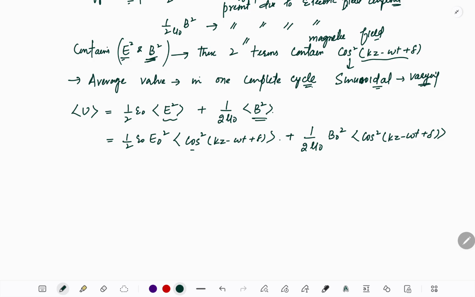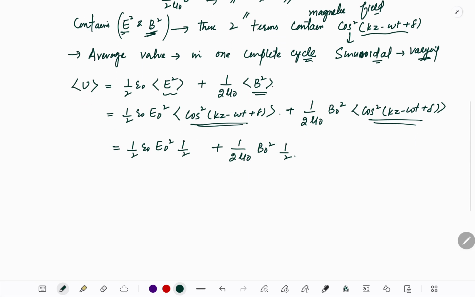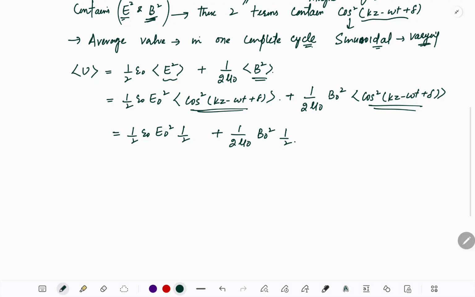And we know the average of cos square is 1 by 2, so this is also 1 by 2. So 1 by 2 epsilon 0 E naught square times 1 by 2, plus 1 by 2 mu 0 B naught square times 1 by 2. I hope you understand it clearly, because the average of cos square is 1 by 2.